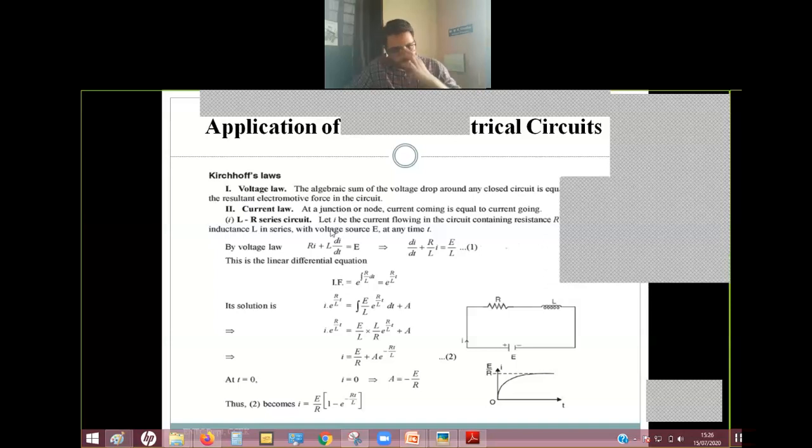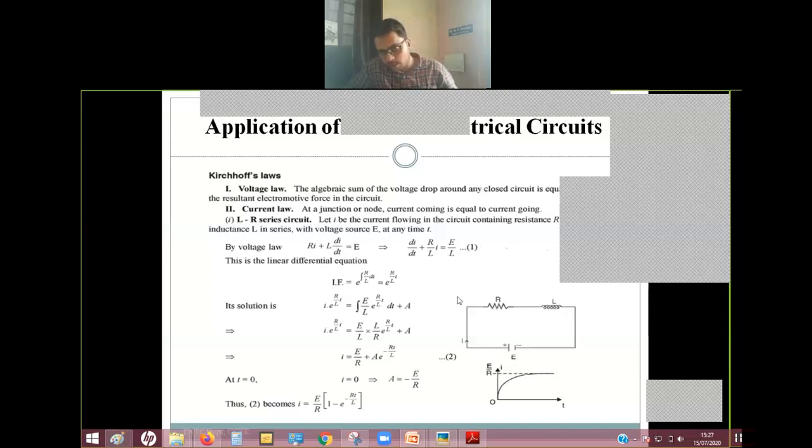Okay, so we know that now. If we apply KVL in this circuit, what we will get? Voltage across resistance plus voltage across inductance, that is VR plus VL, will be equal to E always.